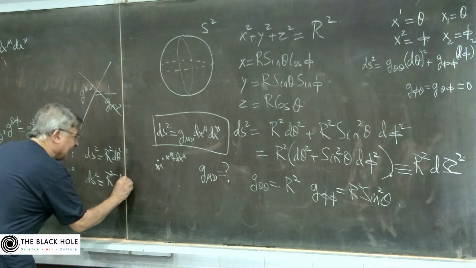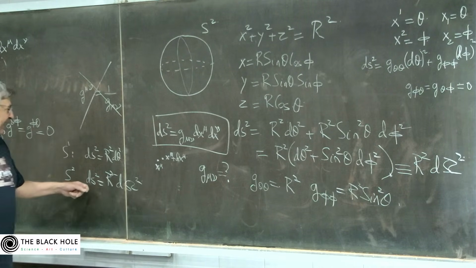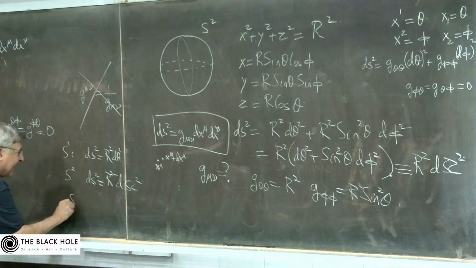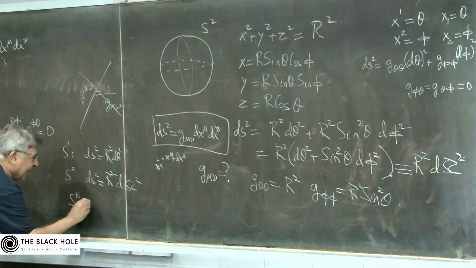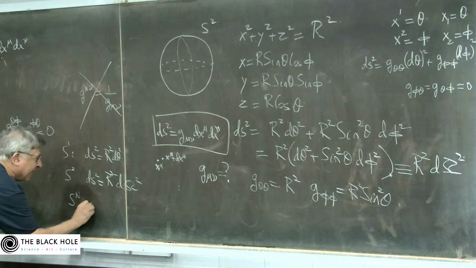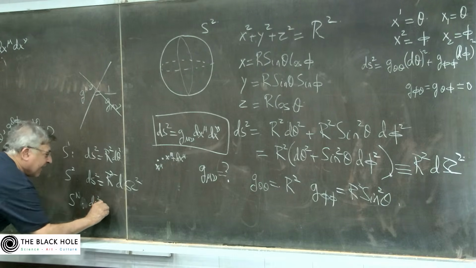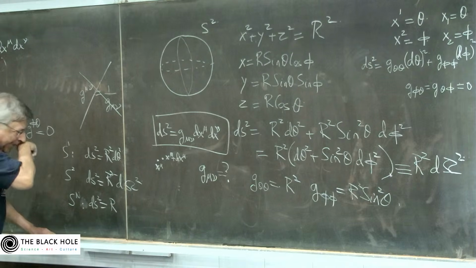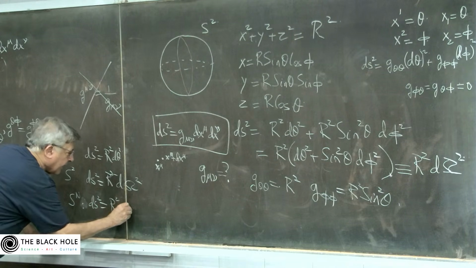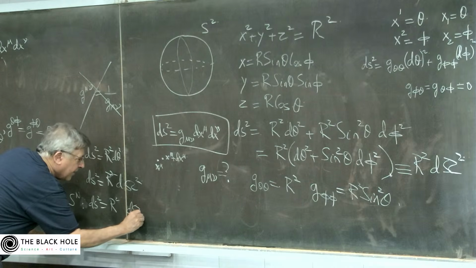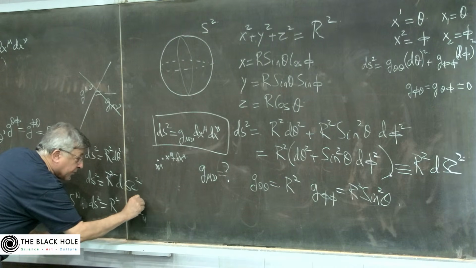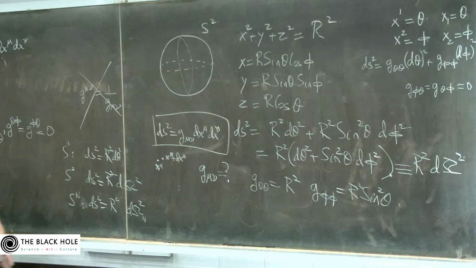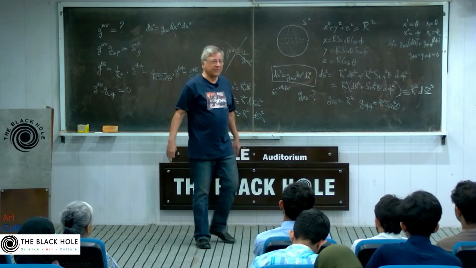And if I was to write Sn, that would be ds squared equals r squared d omega squared. This will be a different solid angle because you're living in n dimensions.